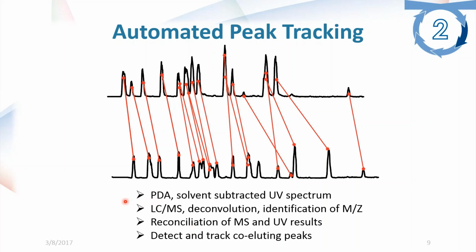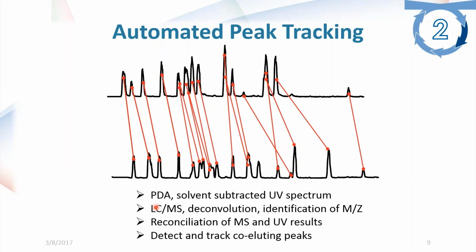So we have the capability to do peak tracking by using PDA data. And what's utilized is a solvent-subtracted UV spectrum to do the matching. If you have LCMS data, then we have a chemometric deconvolution algorithm that will deconvolute your signals and automatically identify the molecular ions that are observed for each component.